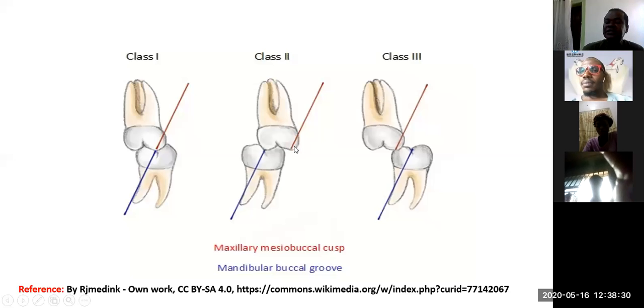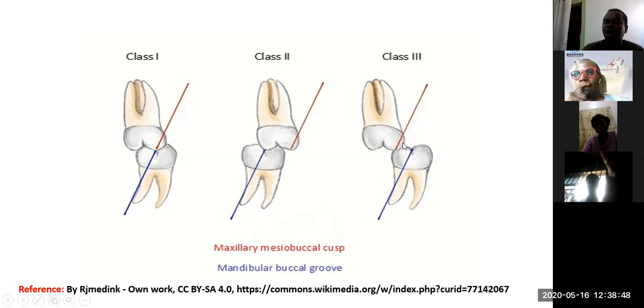So you see that the mesiobuccal cusp is completely off the surface of that of the lower. If you look at class 3, the mesiobuccal cusp is almost completely off the surface of that of the lower.